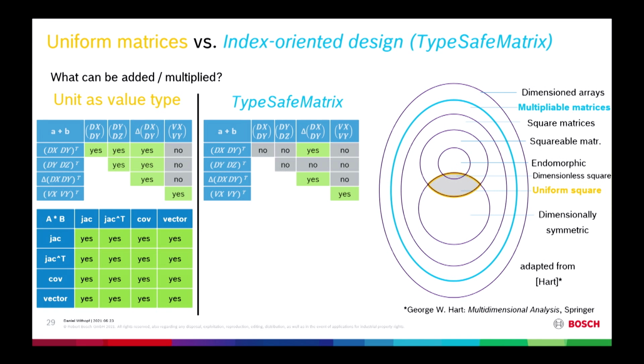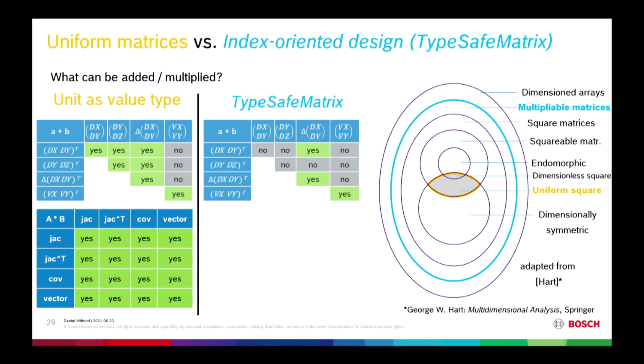As the next example, I also want to look at the multiplication of 2 matrices. So in this case, we're multiplying 2 matrices, and the different options that we're going to consider are a Jacobian matrix, a Jacobian transposed, a covariance matrix, and a vector. And as we can see, with a unit as value type approach, as I mentioned in the beginning, you can multiply any 2 physical units and get a valid result, which means if you only have a single unit in each matrix, of course, multiplying the 2 matrices is also valid, so you get a valid new physical unit, and this is the physical unit of the result.